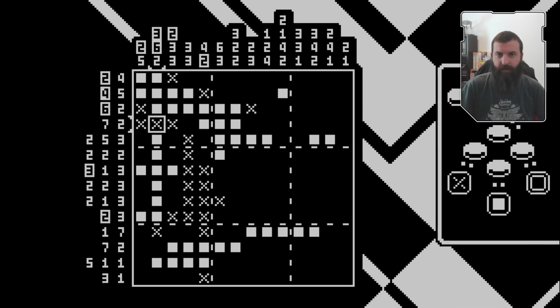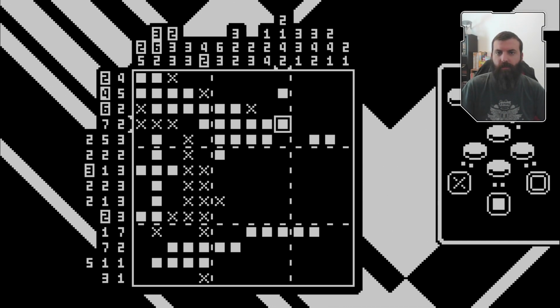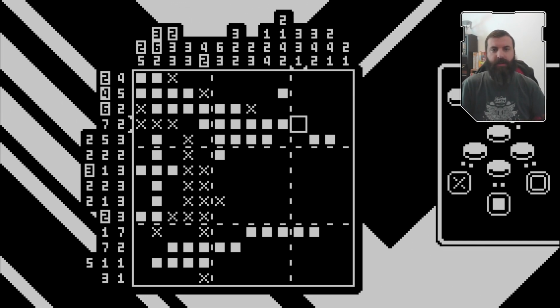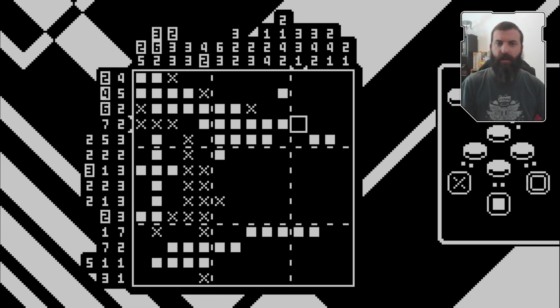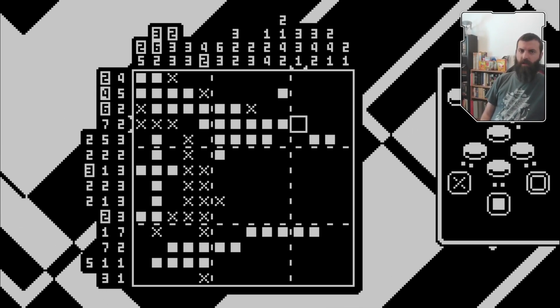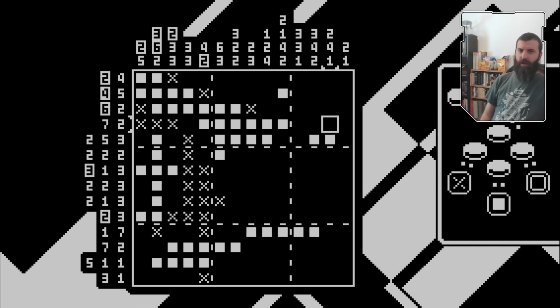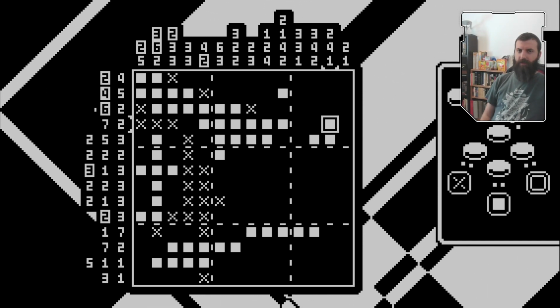7 can't fit there. Has to come at least to here, which actually, does that completely lock in our 7? No. But I think it does mean that our 2 here has to be at least here. Yeah.